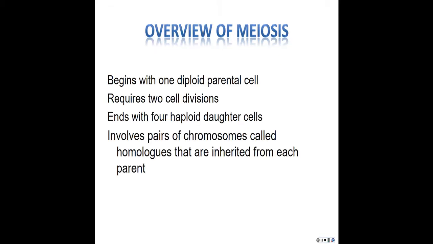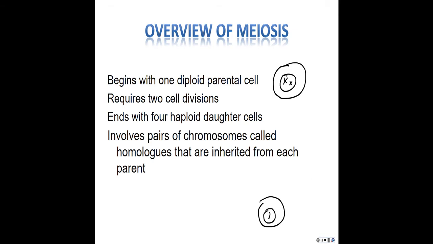Here we go. Again, we begin with one diploid parent cell. If this is an example cell, this cell's nucleus will have, let's say, 1 chromosome, 2 chromosomes. We're going to take that and reduce the chromosomes until the cells look like this.